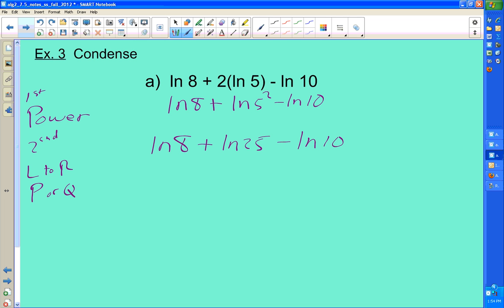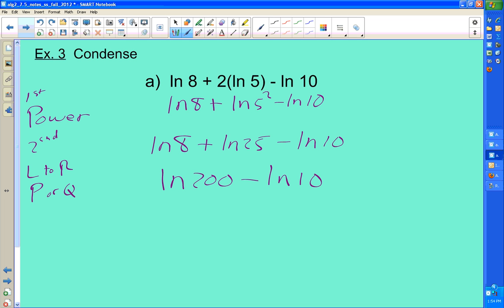We have log plus log. What property? Product property. What do you do with what you're taking the log of? So we get the natural log of 200 minus natural log of 10. It's natural log of 200 over 10. Not yet.